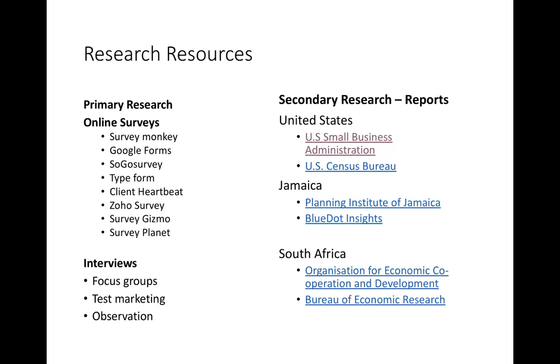On the primary research, depending on the size of your market and the size of your sample, you may also choose to do interviews, which could be telephone interviews, which I don't have here. It could be focus groups, or you could do test marketing or observation as well, depending on the nature of your industry and the information you're trying to retrieve from the market to make your decision.